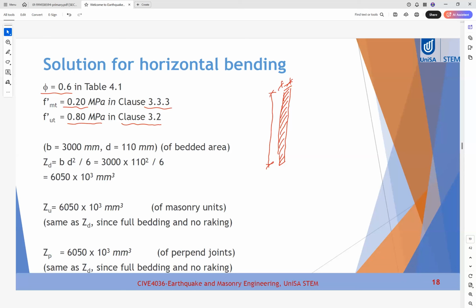How much is B? B is the height of the wall. How much is the height of the wall? 3,000 millimeter. How much is the width or thickness of the wall? 110 millimeter. Let me add a page to explain.